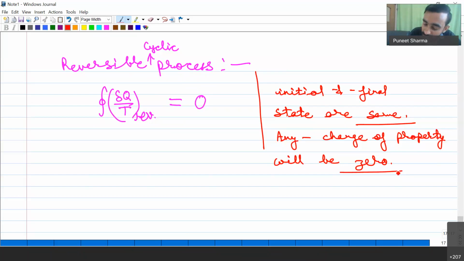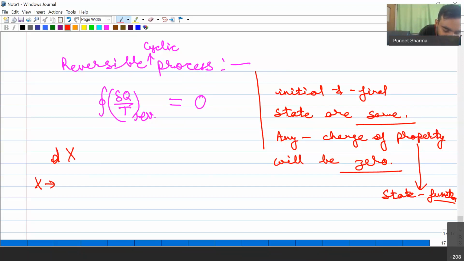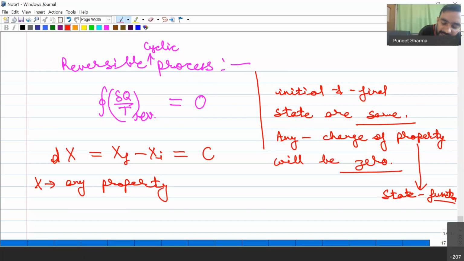Why? Because property is nothing but a state function. So in general, I can say that if X is any property, then dx will be equal to x final minus x initial, and for a cyclic process, as the initial and final states are the same, dx will be equal to 0.